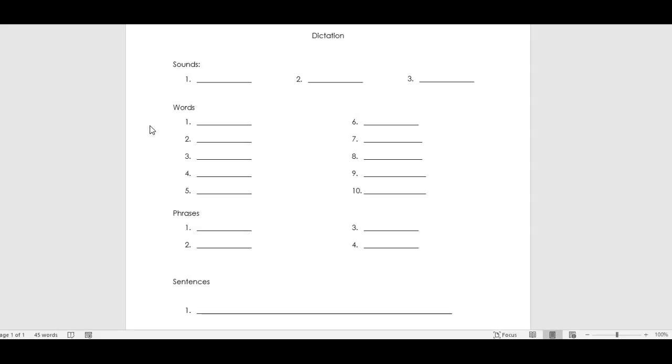Number 3, say children were punished. Write children were punished. Number 4, say want to pull the slingshot. Write want to pull the slingshot.